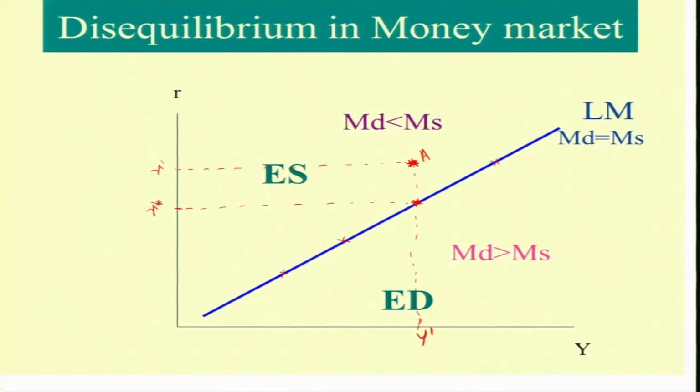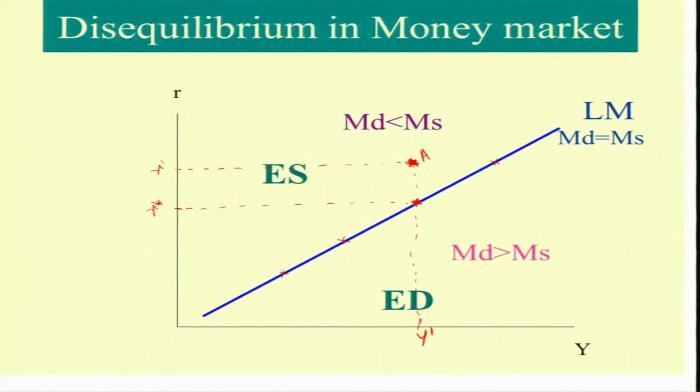Instead they would prefer to keep their money in the bond market. As a result, there will be a decline in the demand for money. So at this point money demand is less than money supply, and finally this point cannot be the equilibrium point.